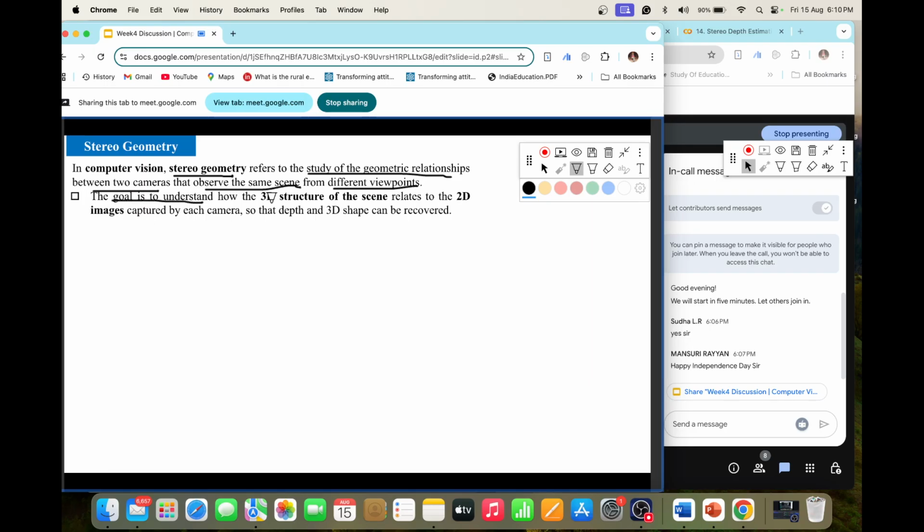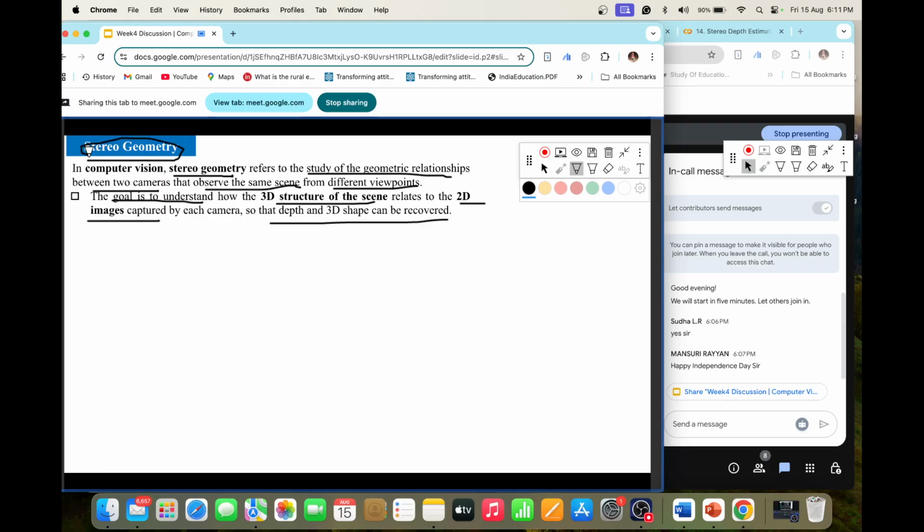The goal is to understand how the 3D structure of the scene relates to the 2D images. Earlier we were only using a projection camera matrix to convert a real 3D point to a 2D image point. But now, with the help of two cameras, we are trying to recreate the 3D structure of the scene so that the depth and the 3D shape can be recovered. That is known as stereo geometry.